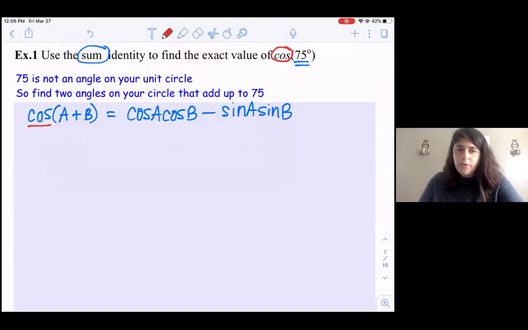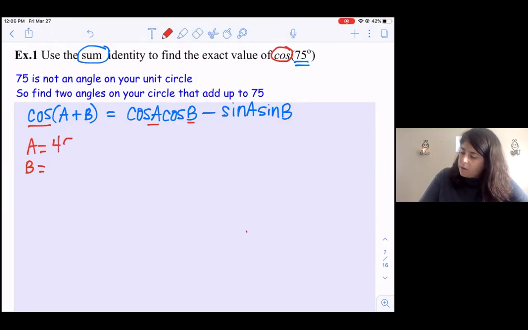Okay, so I want to find two angles, A and B, that add up to be 75. Goals would be to try to use angles between 0 and 360. You can always use negative angles, but don't make your life harder when it doesn't have to be. So two things that can add to be 75 are what? 45 and 30.